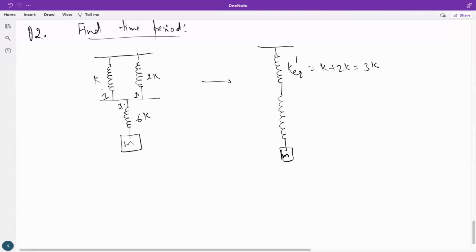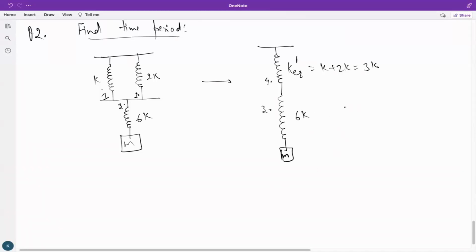We can write both parallel springs as one spring, right? By using the k equivalent. Now the combination of 1 and 2, let me call it spring 4. We reduced the two springs to one spring system, and this is spring 3. Now the springs 3 and 4 are connected in series.